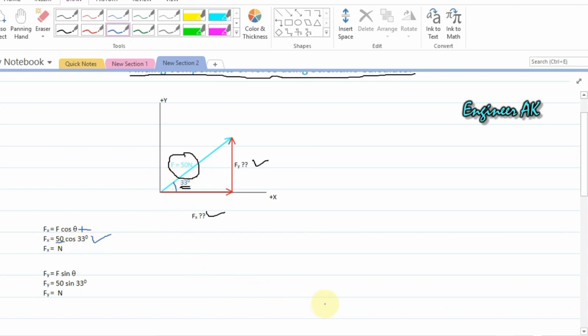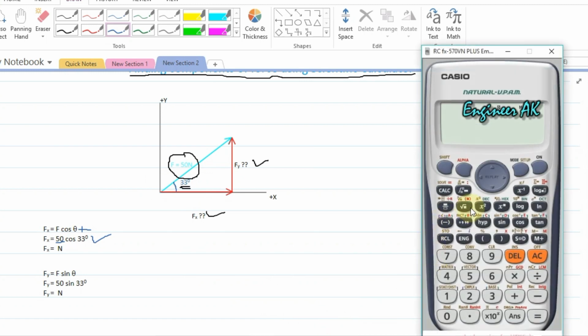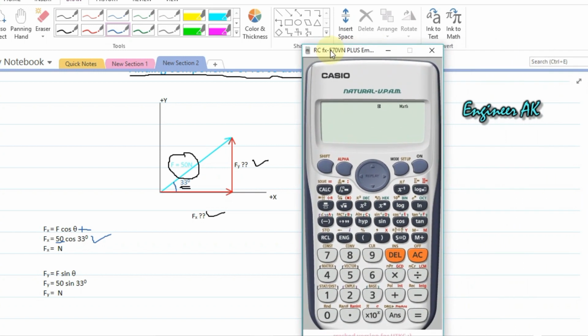So let's plug in these values in the calculator. We have force 50 Newton, and then multiply by cos 33 degree, so we are getting 41.93.